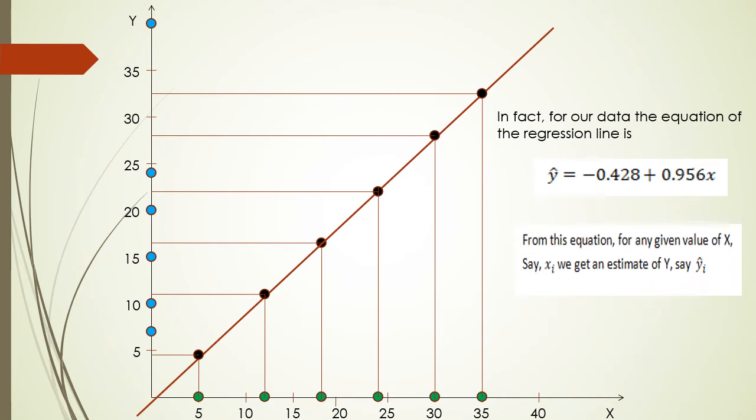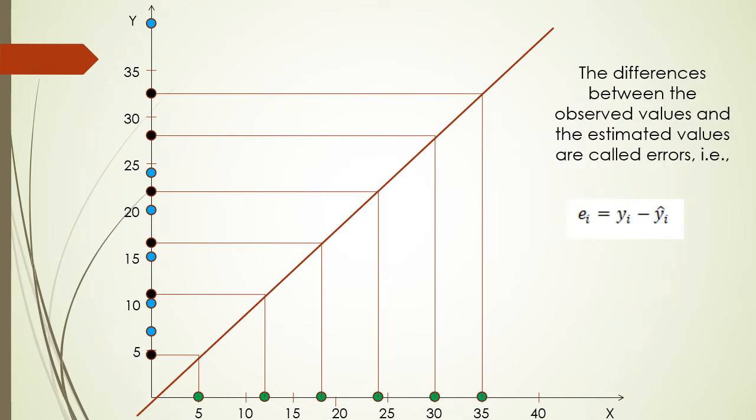From this equation, for any given value of x, say xi, we can get an estimate of y, say yi hat. The differences between the observed values and the estimated values are called errors.